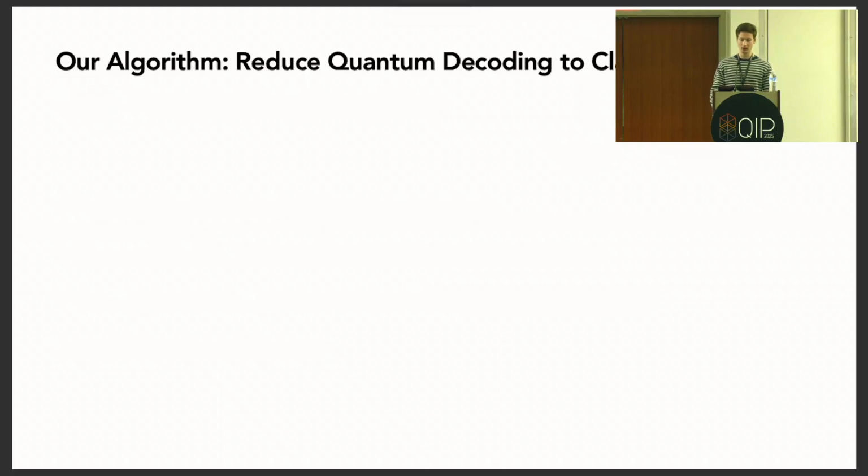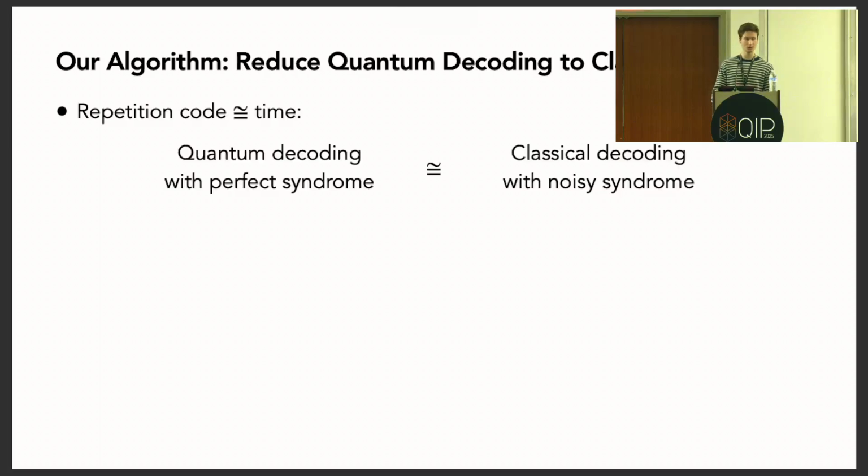At a high level, our algorithm works by reducing the quantum decoding problem to a classical decoding problem, in a black box manner. This really uses the view of the repetition code as a time axis that I mentioned back on the motivation slide. This view allows us to take the quantum decoding problem that we want to solve, with perfect syndrome measurements, and equate it with the problem of decoding classical expander codes with noisy syndrome measurements.